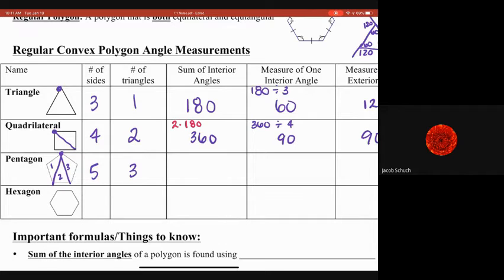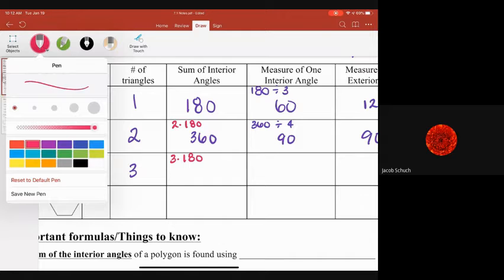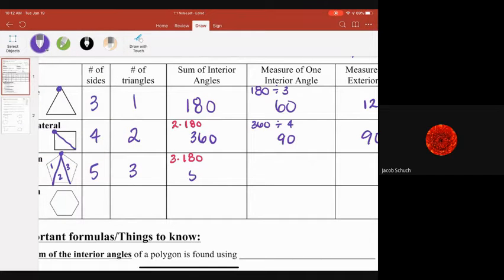What could I multiply? Andrew? 3 times 180. Exactly. There are 3 triangles. I know each triangle is 180 degrees. Gannon, what's 3 times 180? 540. Exactly. So that would have a sum of 540.